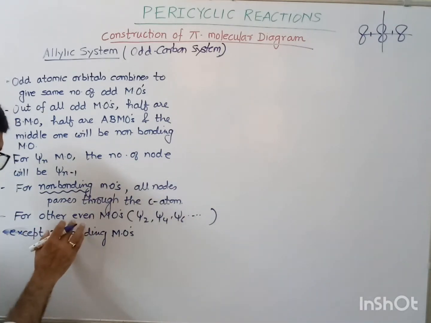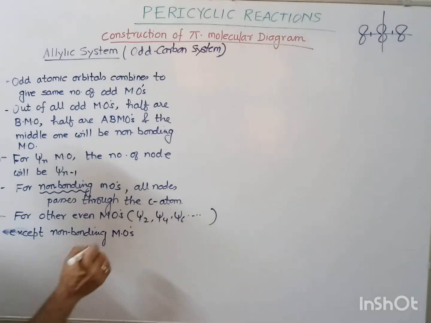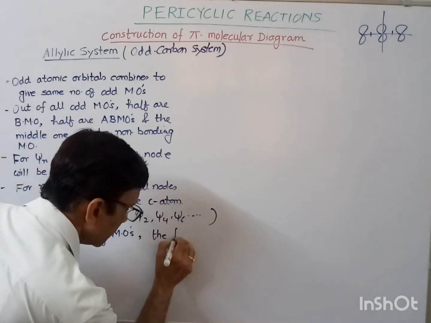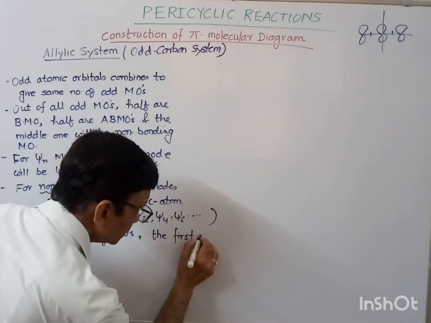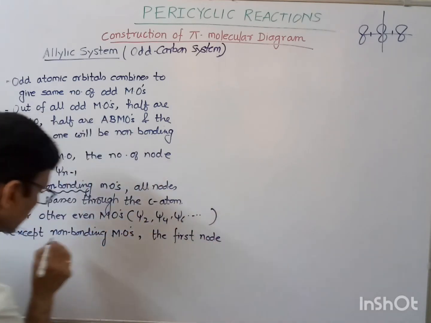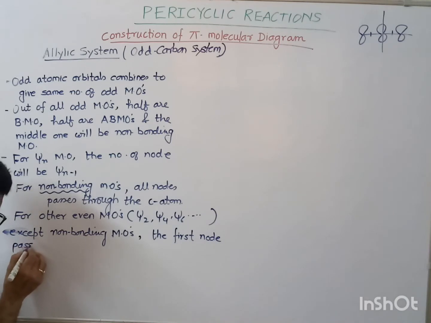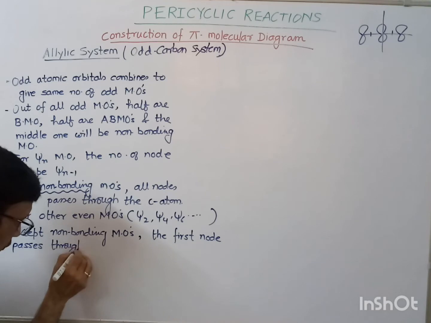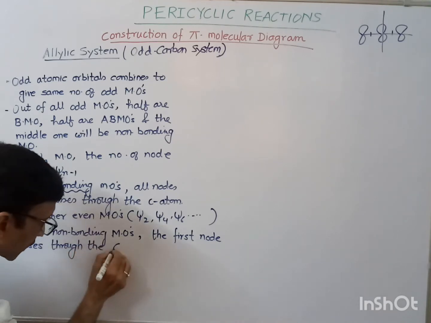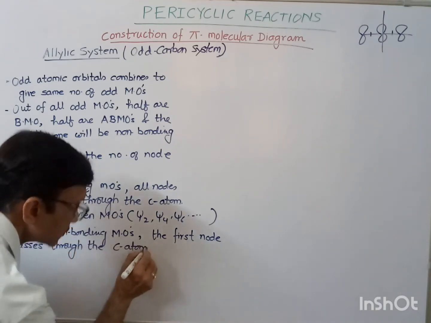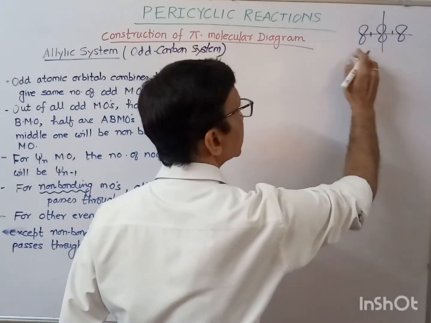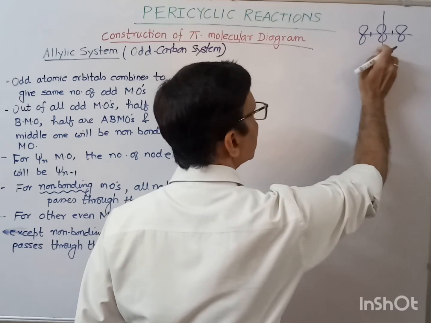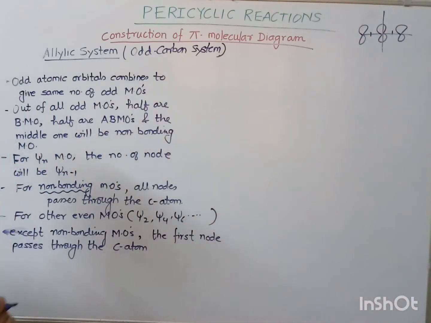So for even non-bonding molecular orbital, the first node passes through the carbon atom. Through the carbon atom means it goes through the atom itself. In between means in between these two carbons, or in between these two orbitals, the node is passing here.